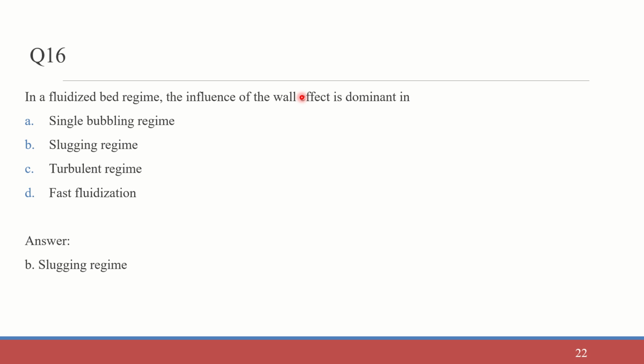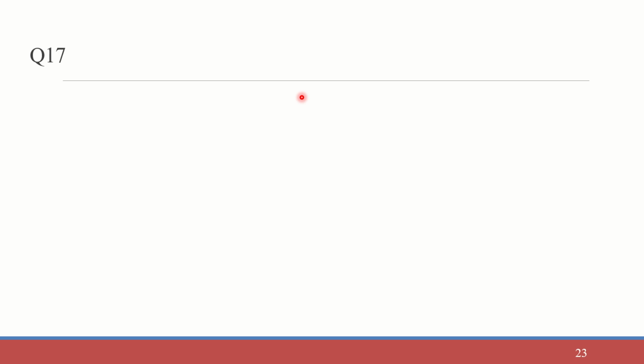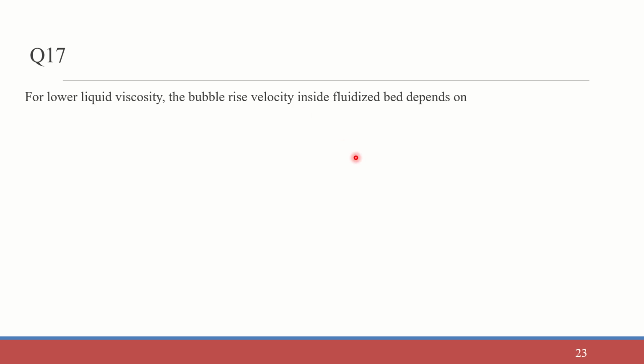Now let us go on to question 17. It is given that for a lower liquid viscosity, bubble rise velocity inside a fluidized bed depends on dash. Option A, inertial force and surface tension.